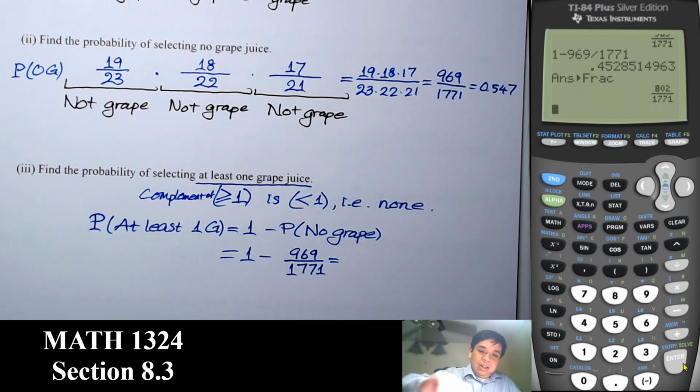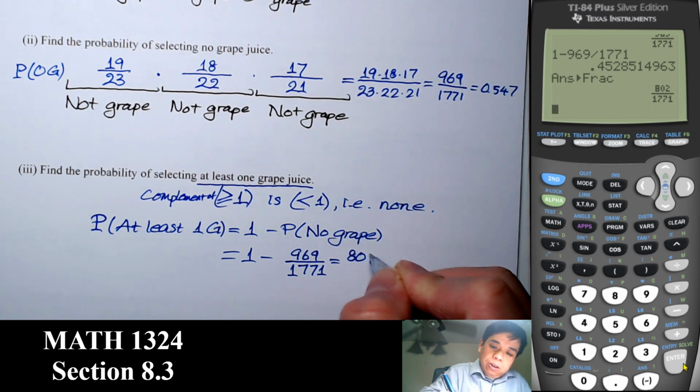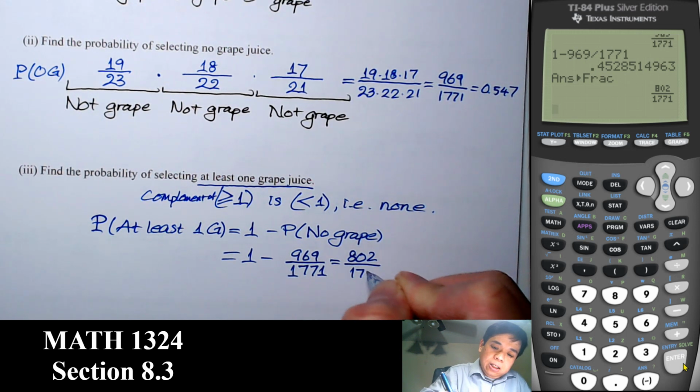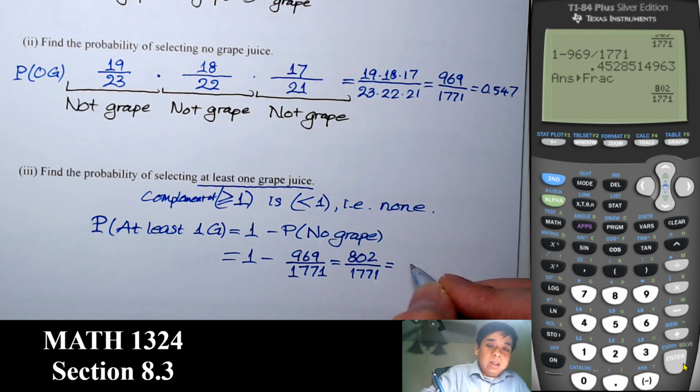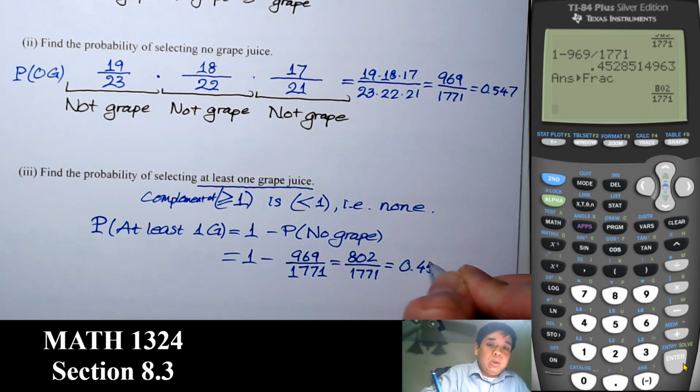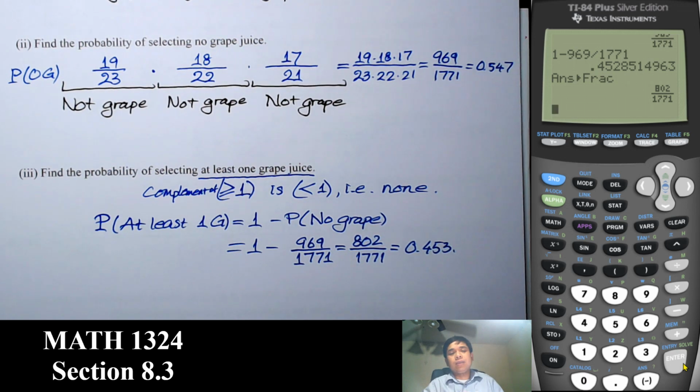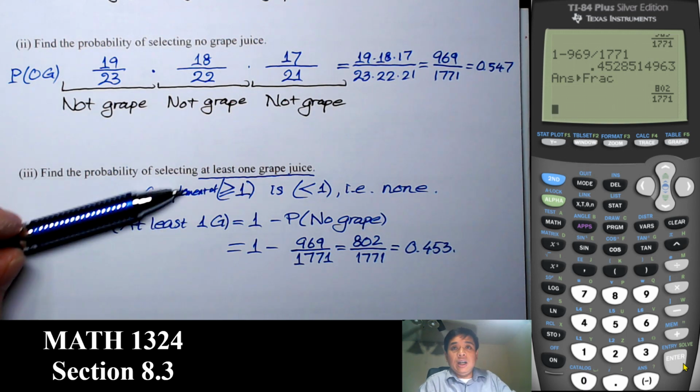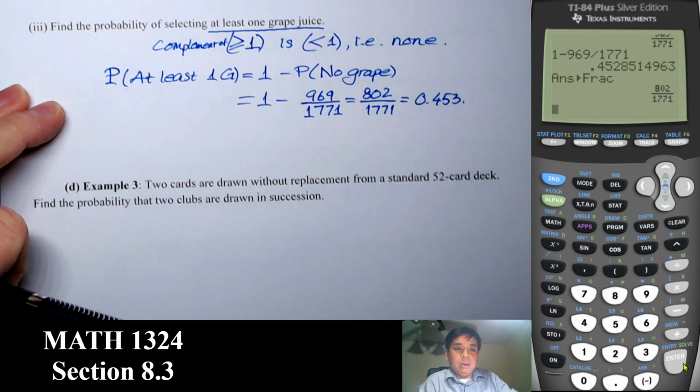Alright, so we have 802 over 1771, which is 0.453. Right, so again, complement, probability of complement event.